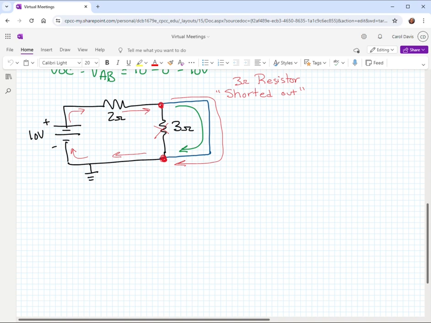That means the total resistance the source would see is simply the 2 ohms. It's never going to see the 3 ohms. So our source current would be 10 volts divided by 2 ohms, which is 5 amps. So I sub S is 5 amps: 5 amps through the 2 ohm resistor, 5 amps around the 3 ohm resistor, 5 amps back to the source.